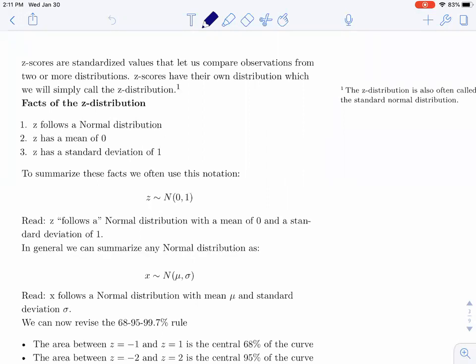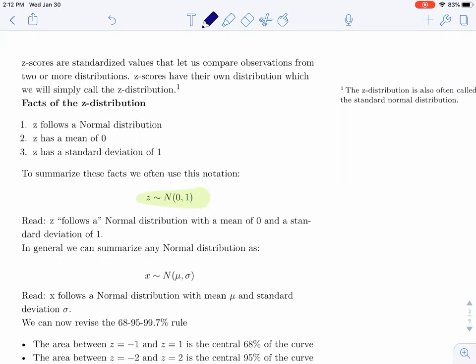Okay. So we can use some notation. So these facts: Z follows a normal distribution, Z has a mean of 0 and a standard deviation of 1. That's a lot to say, right?